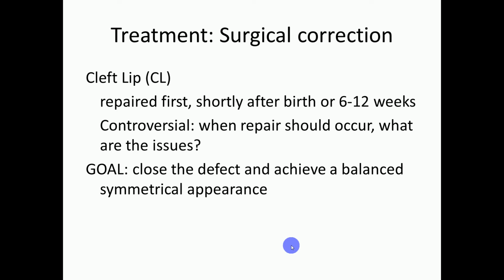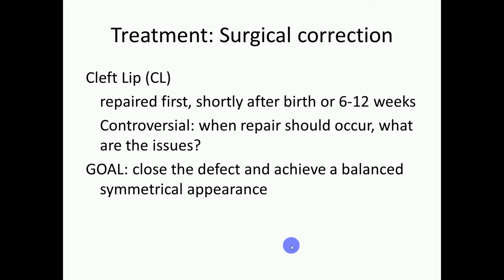And there's two theories here. Some say do it shortly after birth, and some say wait 6 to 12 weeks. So there is controversy. What are the issues here? Those that say at birth, it's because of the feeding difficulties they know they're going to face and the likelihood that they may not gain enough weight for surgery and have nutritional problems, therefore not do as well during surgery.